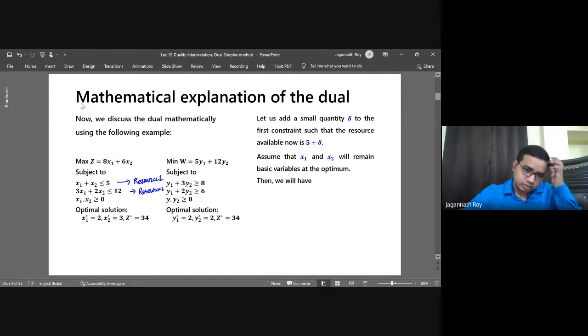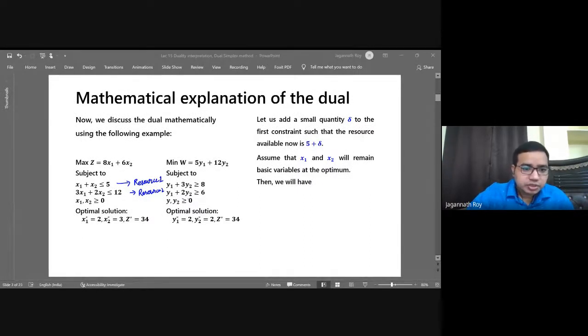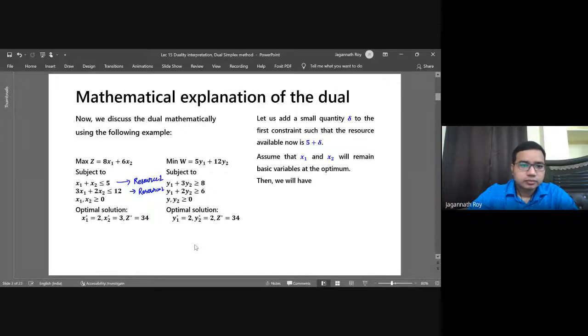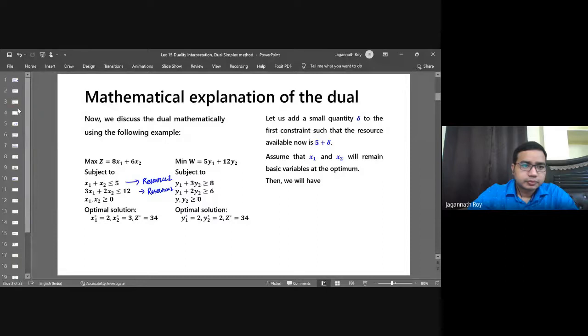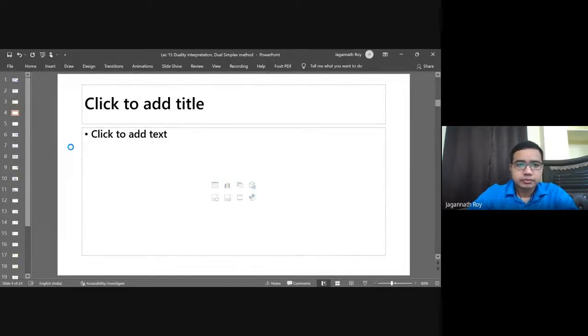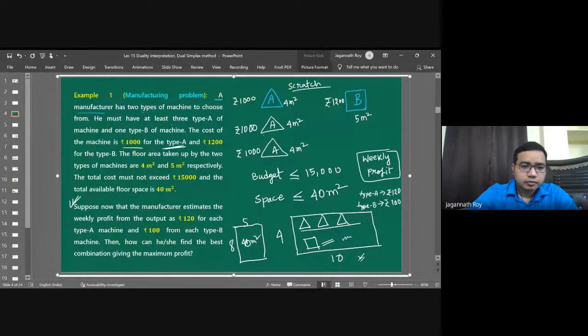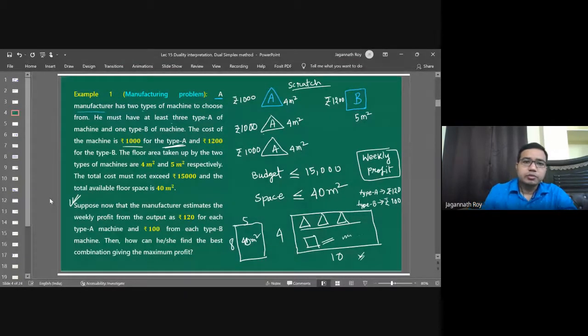If you remember the meaning of resources, let me give one example from the first problem that we discussed in the formulation stage.